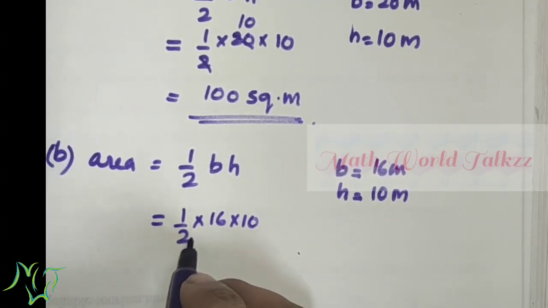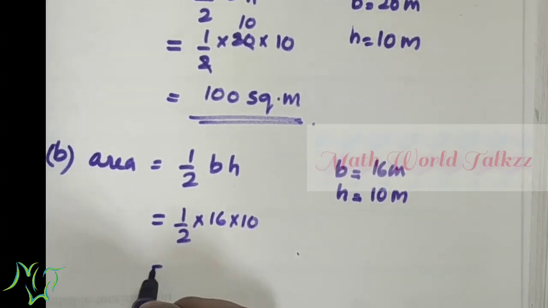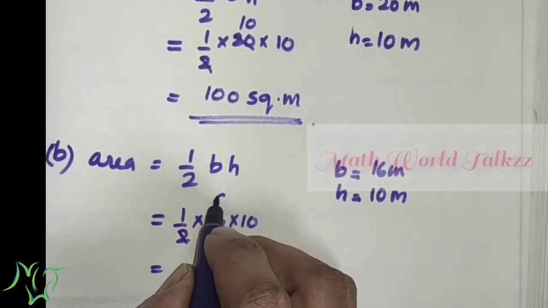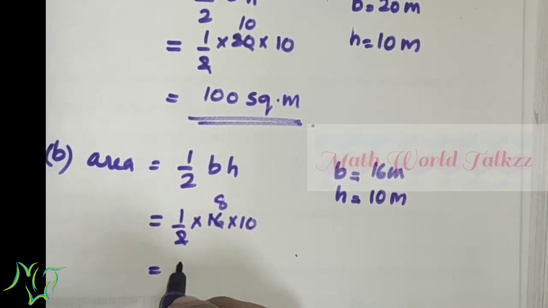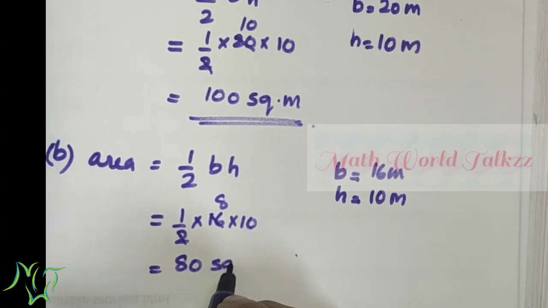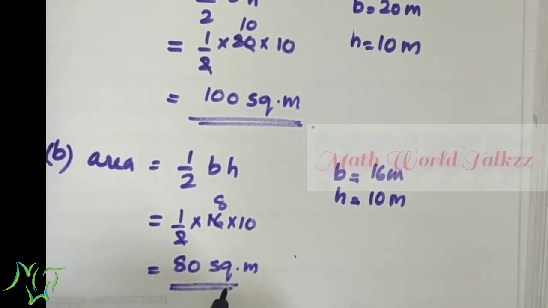So we can cancel 2 and 16. In 16, 2 goes 8 times. So 8 into 10, 80 square meter.